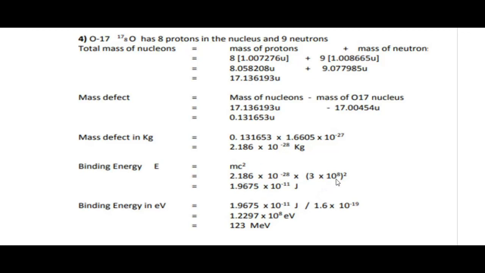So multiply that and we'll have the final answer here. But if you want to convert this into binding energy in this unit, you need to divide this by 1.6 times 10 to the negative 19. So that will be our final answer if you want this unit.